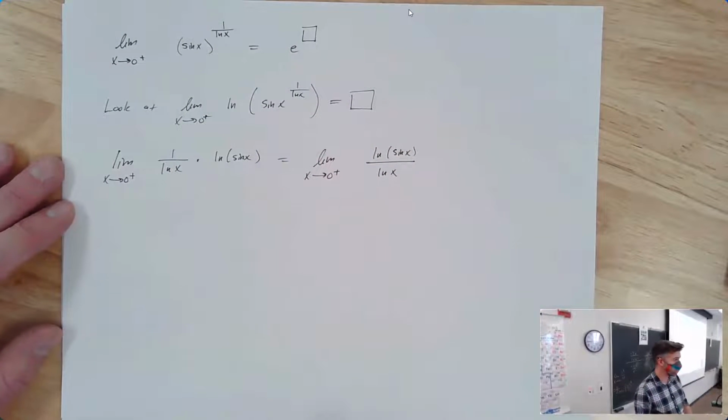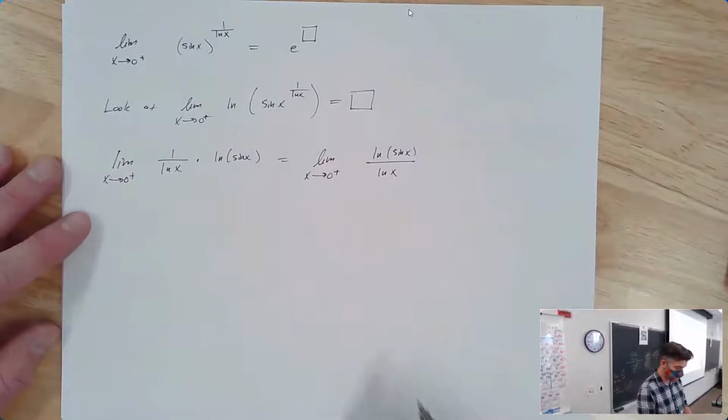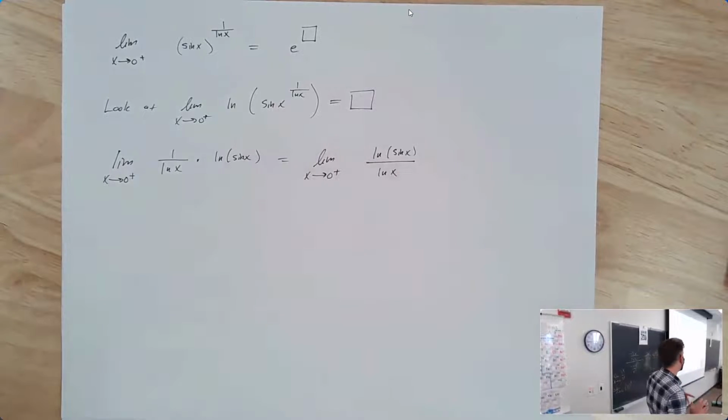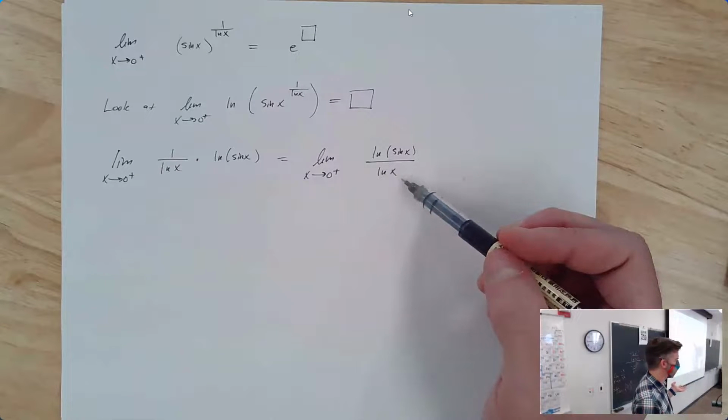And now I can use L'Hopital's rule because I have a natural log. So actually, I should ask you all, what kind of indeterminate form do I have? Do I have a 0 over 0 or infinity over infinity? Well, what's natural log of 0 going to?